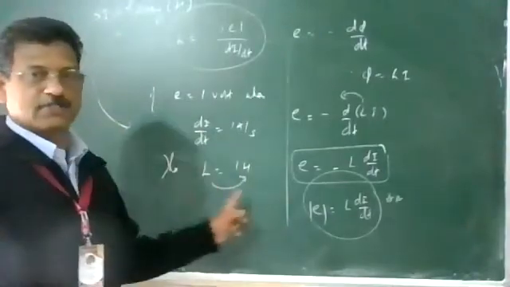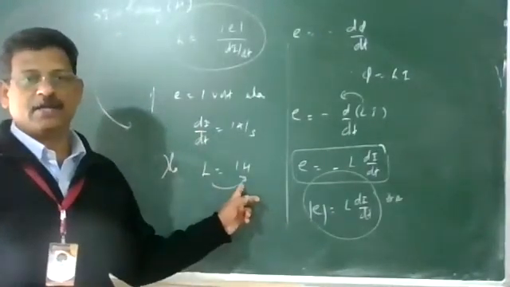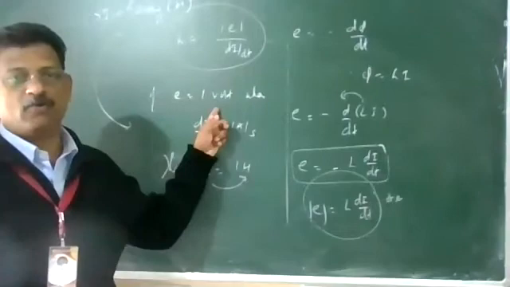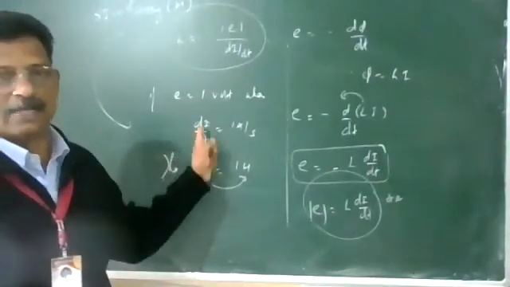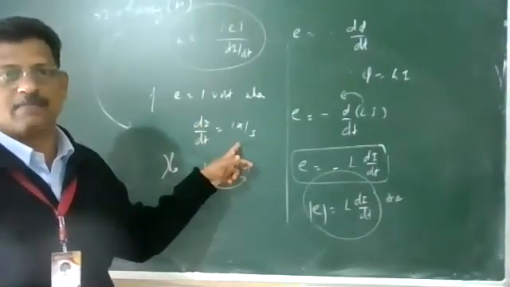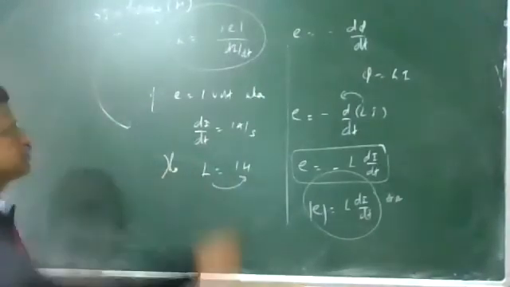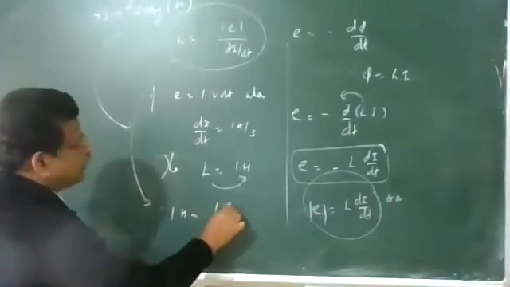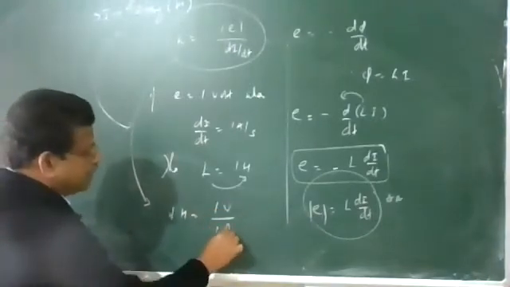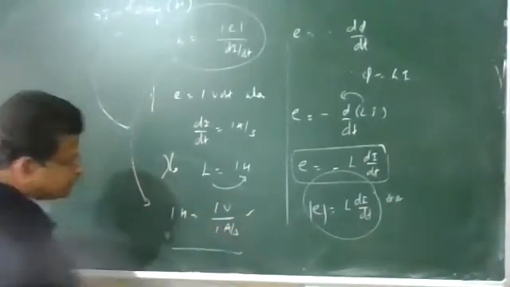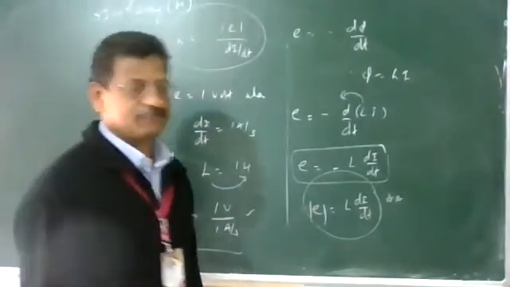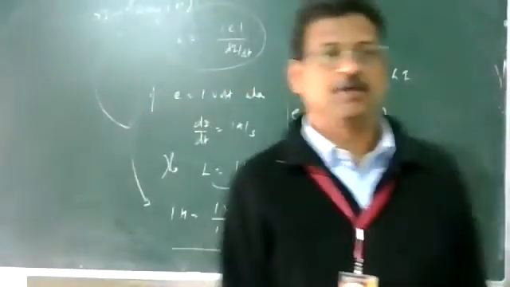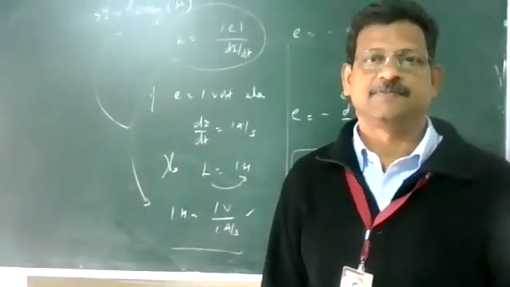So self-inductance of a coil is said to be 1 Henry if an EMF of 1 volt is developed in the coil when the current in it changes at the rate of 1 ampere per second. So as per the equation, 1 Henry equals 1 volt divided by 1 ampere per second. So this is the SI unit of self-inductance.